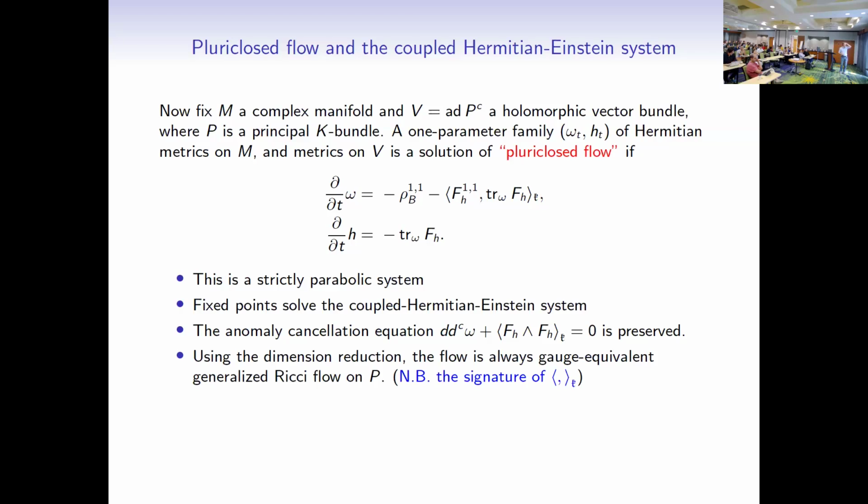What I write here is true, even though, depending on the signature that you pick for this inner product, the metric on P might not be Riemannian, right? The signature of the metric on the fibers is dictated by the signature of the metric on the Lie algebra. And of course, it doesn't really cause a problem with the parabolicity because everything's invariant in the vertical directions anyways. It's a nice parabolic system regardless of this signature.